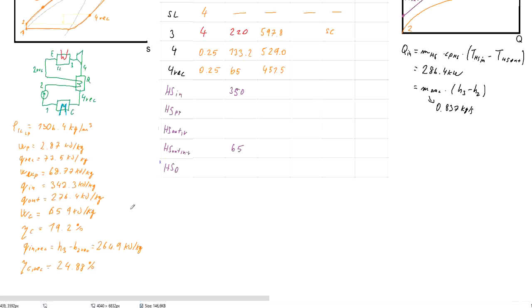Now from the unit work of the cycle we can get the absolute work of the cycle, which is 55 kilowatts, and the utilization efficiency then will be the work of the cycle divided by heat content in the heat source, and it will be 16.6%.